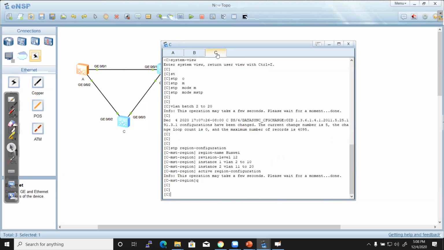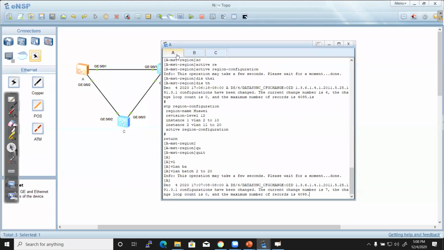And the last thing we need to do, I will go to switch A because I want the traffic of VLAN 2 to 10 to prefer this link, and this switch should act as a primary for these VLANs. And this switch should act as a secondary for VLAN 11 to 20. So how can we do that? This is very simple.